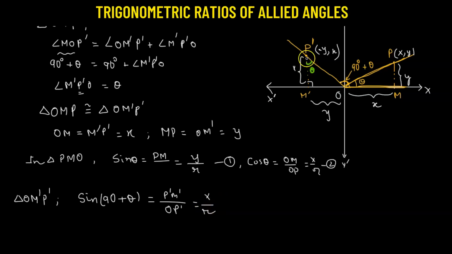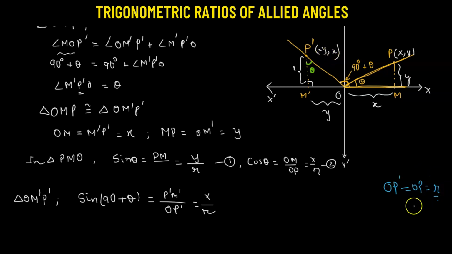We are choosing the point P prime in such a way that OP prime equals OP, with a distance of R. We can also prove that using the Pythagoras theorem, because OP will be the square root of x squared plus y squared, and OP prime will be the square root of negative y squared, which is positive y squared, plus x squared.